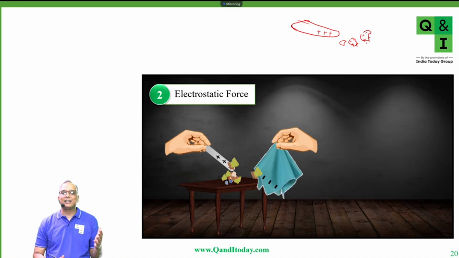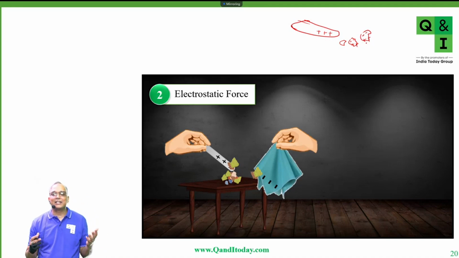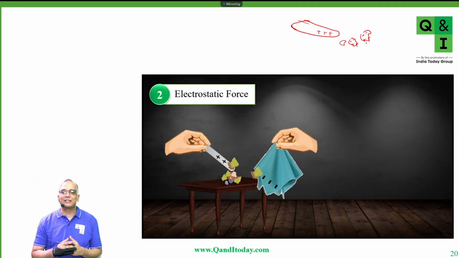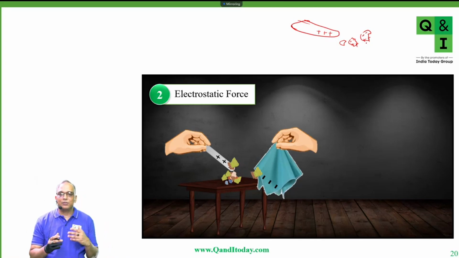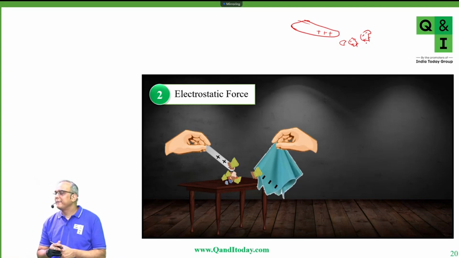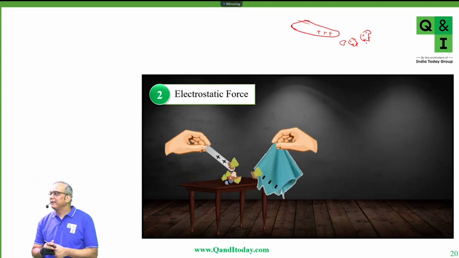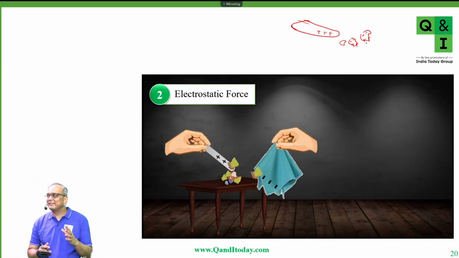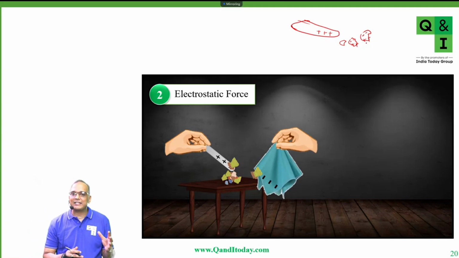You would have read that like charges repel each other and unlike charges attract each other. Have you gone through this in earlier classes?